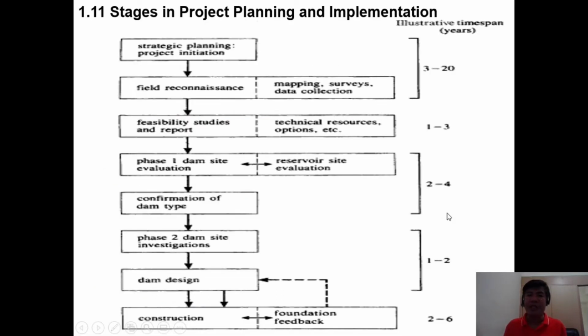So here are the stages. I just present it here as a diagram of the planning and implementation process. If you can see, the strategic planning of the project and the field reconnaissance itself took a minimum of 3 years, and can go even further beyond that, with a continuous reconnaissance survey in terms of mapping, survey, and data collection.